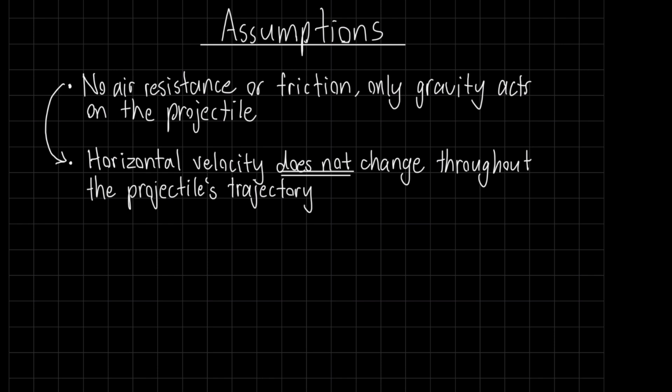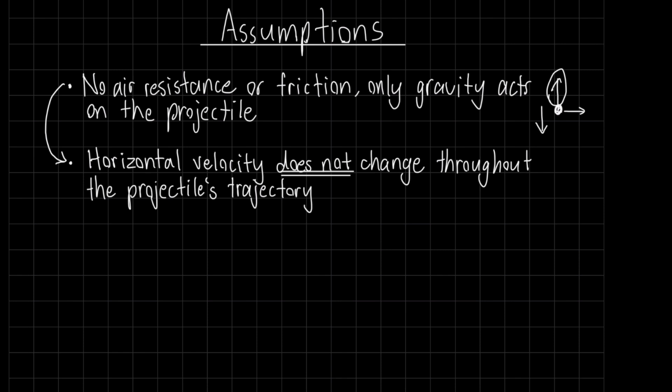If you think about it, let's say you have a ball and it's going both horizontally and vertically. Gravity, as we know, acts downwards, but it doesn't act horizontally in any way. Gravity does not go to the right or to the left. It does none of that. So it only affects the vertical component of the object's velocity.